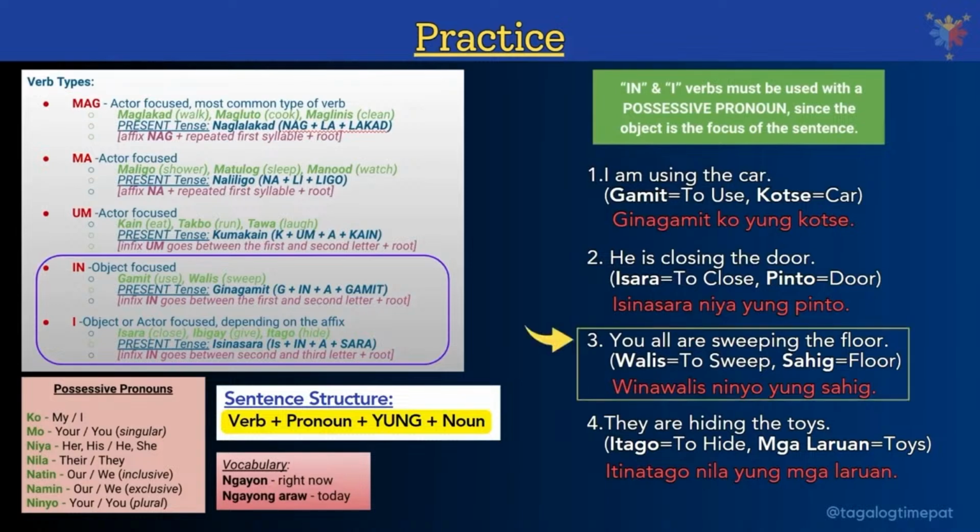Alrighty. So let's take a look at this verb walis. This is another example of where it can be an actor or object-focused verb. We learned, winawalis ko yung sahig. I am sweeping the floor. That's an in verb. The focus is on the object, sahig. What are you sweeping? I'm sweeping the floor. Winawalis ko yung sahig.